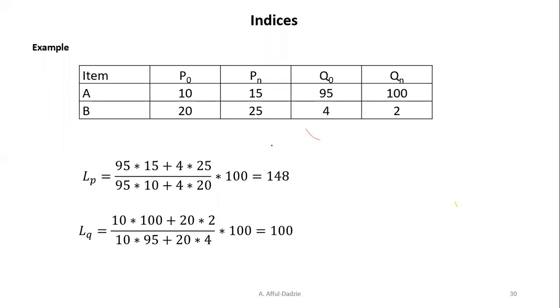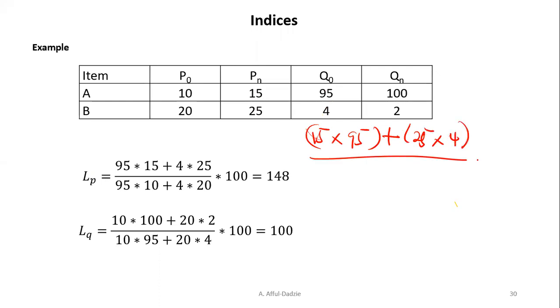Because it's a price index, we need the current price. So it's going to be the current price, which is 15 times its respective base quantity, plus the second one, 25 times the respective base quantity, divided by, now we move to the base price, because you remember the formula is Pn over Po, right?